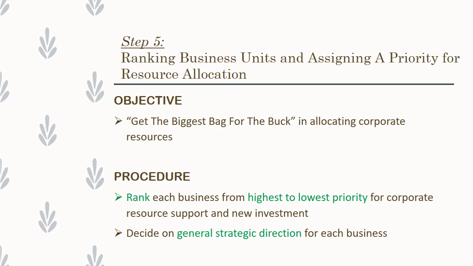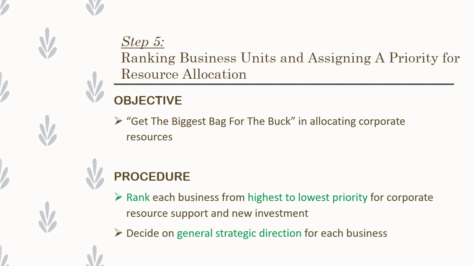Step 5. Ranking business units and assigning a priority for resource allocation. At this step, strategy makers evaluate the units based on performance prospects. They look into sales growth, profit growth, contribution to company earnings, return on investment, and cash flow generation. Usually, strong business units in attractive industries have better prospects than weak businesses in unattractive industries.